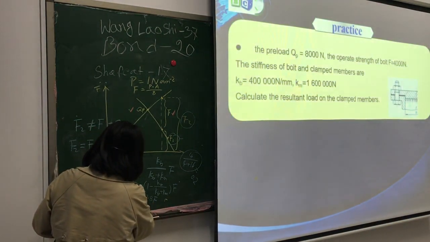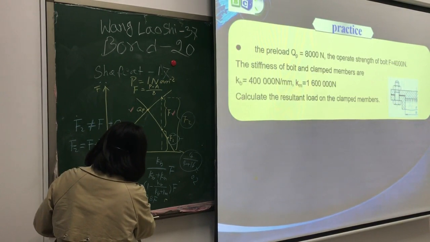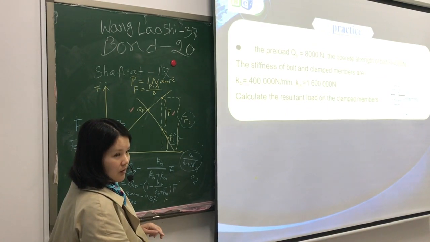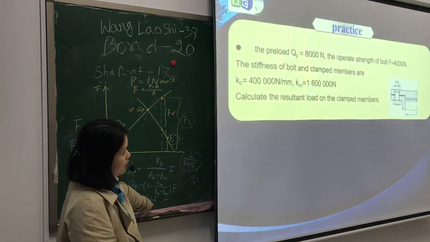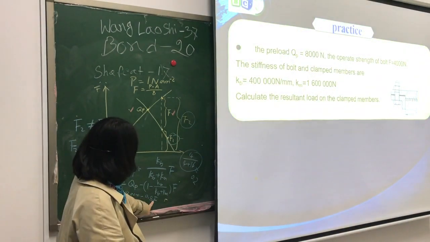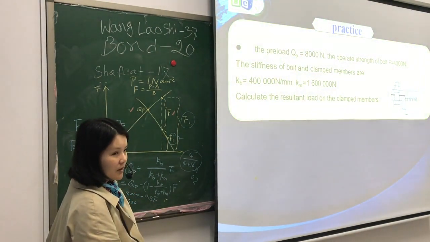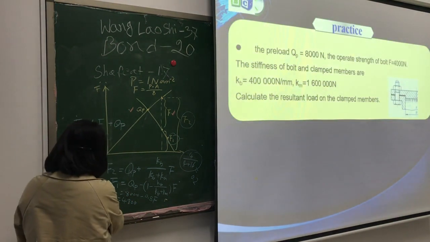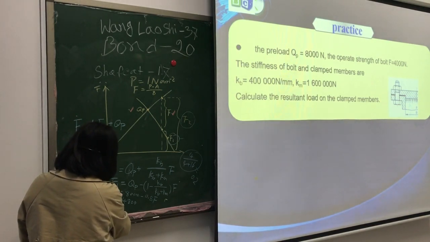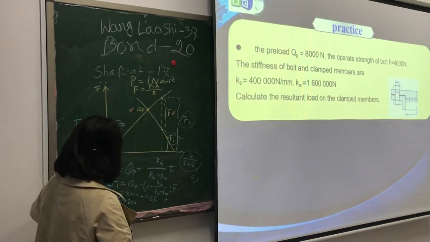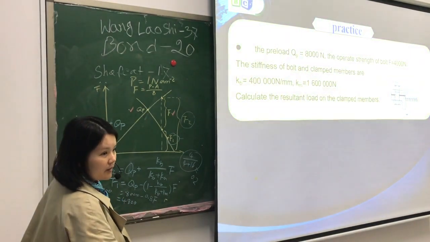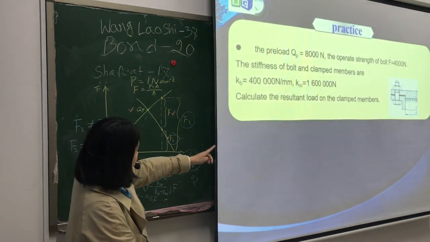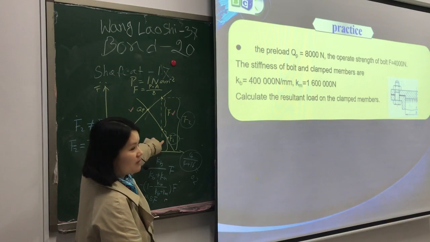So this is 4,000. And calculate the resultant load on the members F1.